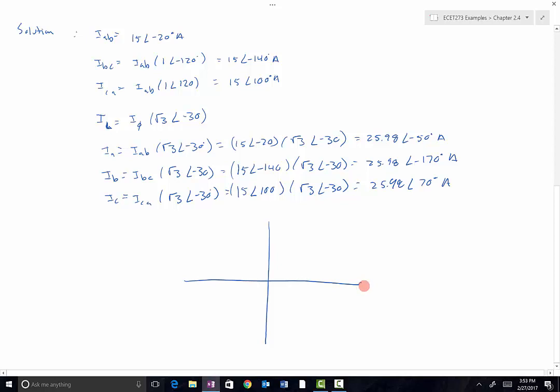And we'll take 15 angle negative 20, that's IAB. We notice that the other two currents are 120 degrees out of phase with that. That's angle 140, is, let's see, that's 90, that's 180. Let's see, 140 is about right there.